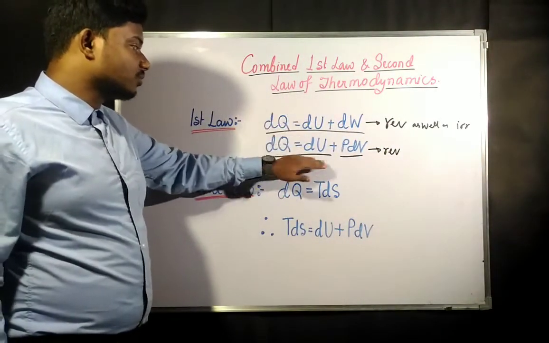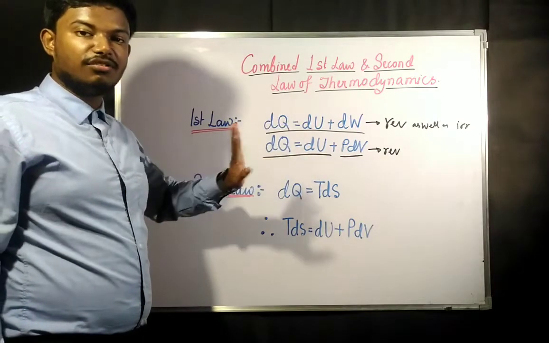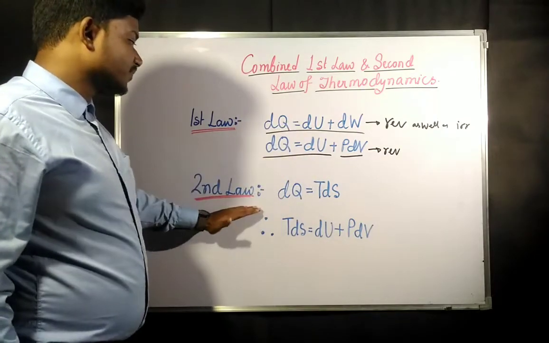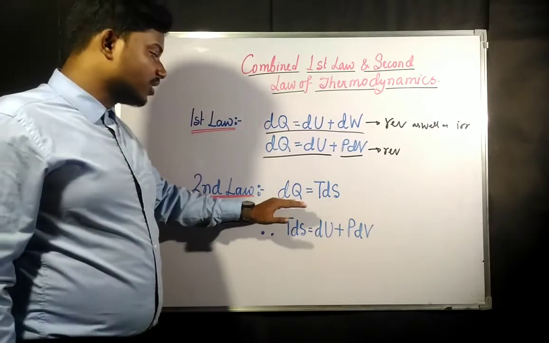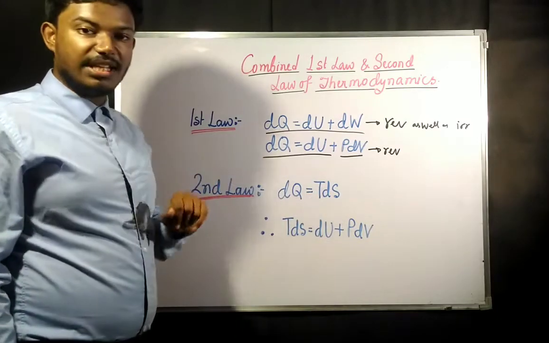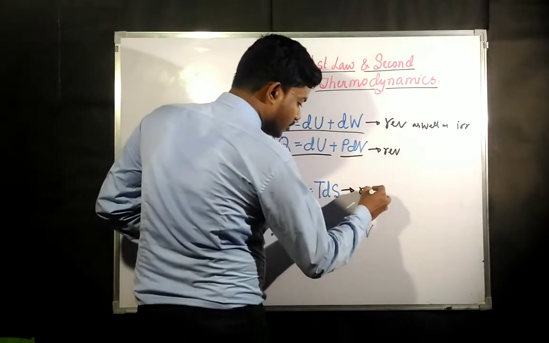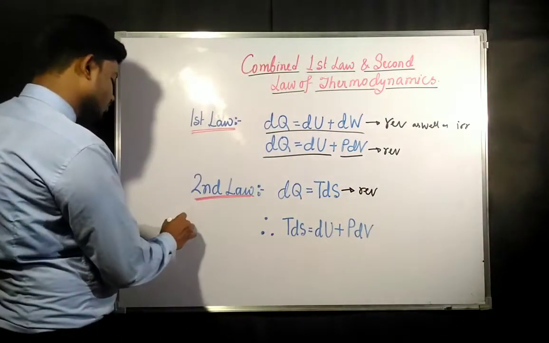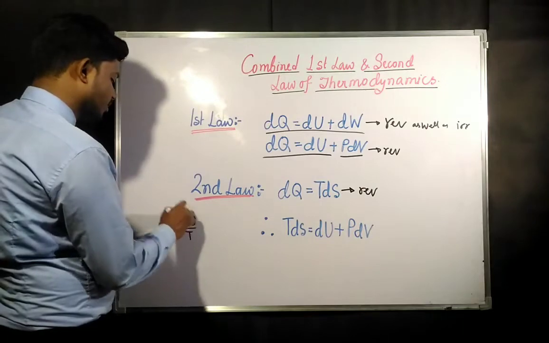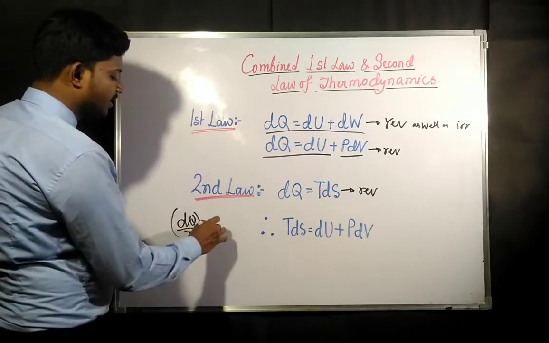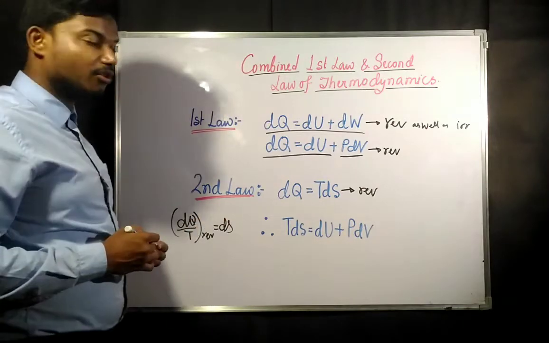So these are the two things which we are getting from the first law of thermodynamics. Now the second law. In the second law we have found out that dq is equal to T into dS. This is again for a reversible process. Only for a reversible process is dq by T the same as the entropy change.